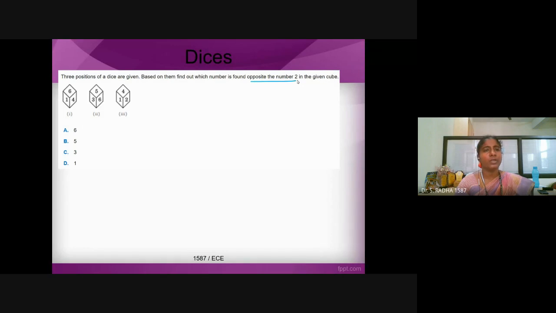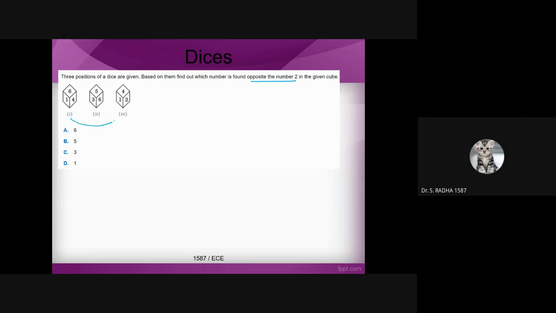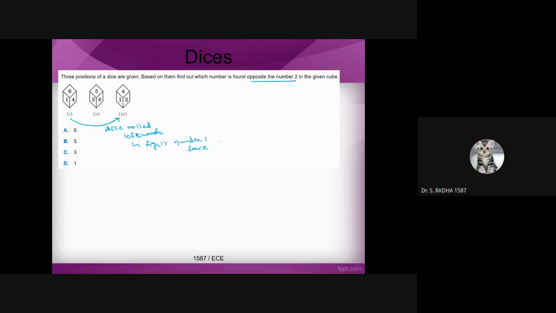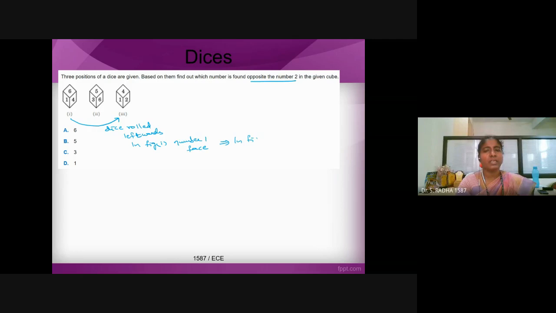What can we say? If we observe 1 and 3, the dice has rolled leftwards. In figure 1, number 1 is face. When rolling takes place in figure 3, number 1 is still face only.